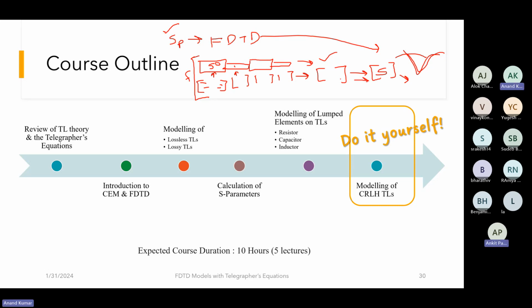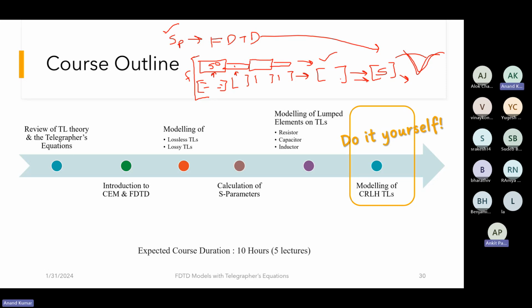What I can do is, I'll try writing code as soon as I find time, and I'll share the analytical code as well as the FDTD code for the same thing, to show how we get these parameters for the two things. So when you see the code, you'll understand that it is very simple to verify the S parameters using S parameters. You don't have to calculate the expression for voltages.